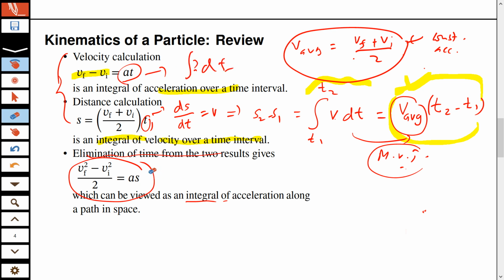So if you see s here, a times s, this you can see as an integral of acceleration over, tell me what it will be, over d what? d distance, okay, and this is along some path.